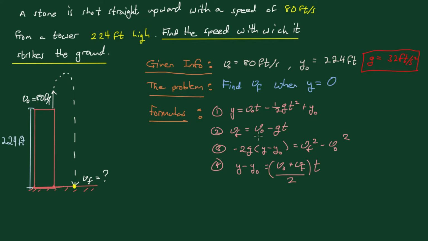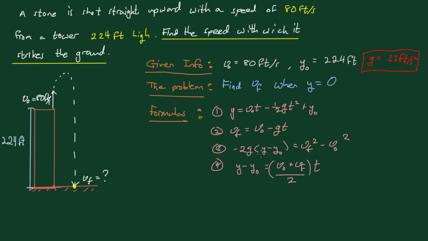So if we take a look at the third formula down here, we have negative 2g multiplied by y minus y0 is equal to v sub f squared minus v sub 0 squared. We have the initial velocity, the initial height, and the gravitational acceleration.